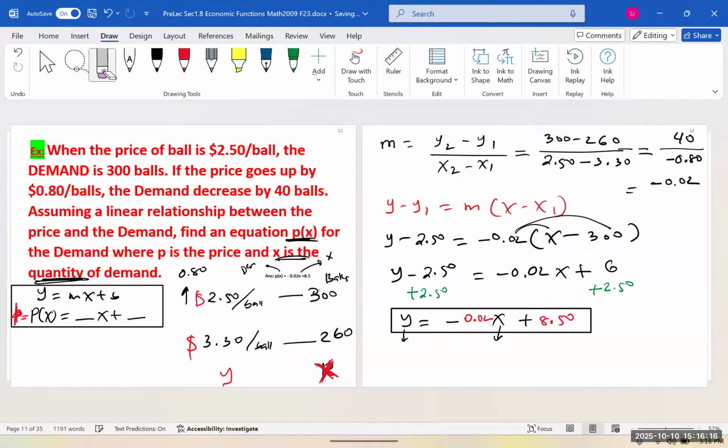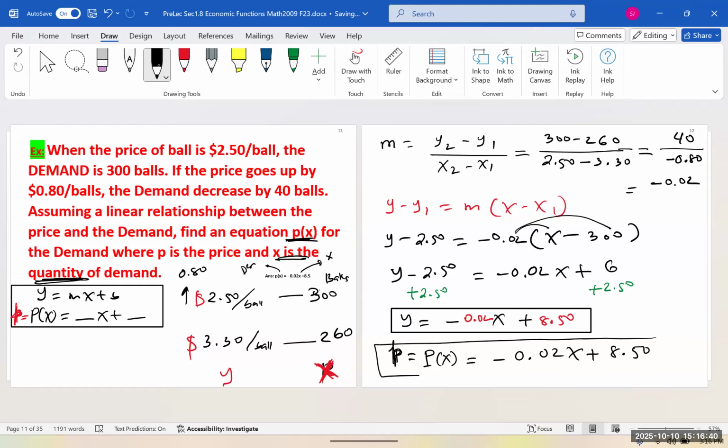But they don't want this format. They want P format or function format. P, which is price, equals this small p. Small p equals big P of X, which is negative 0.02X plus 8.50. This is the format they want.